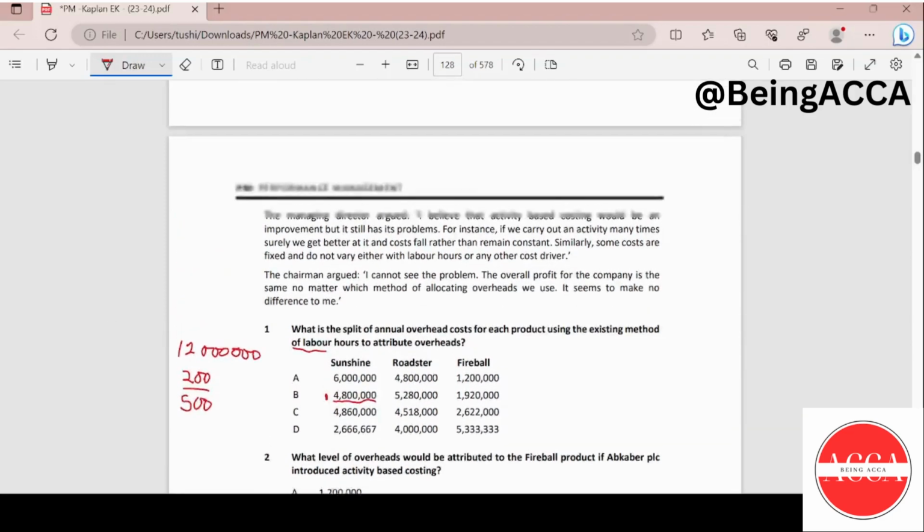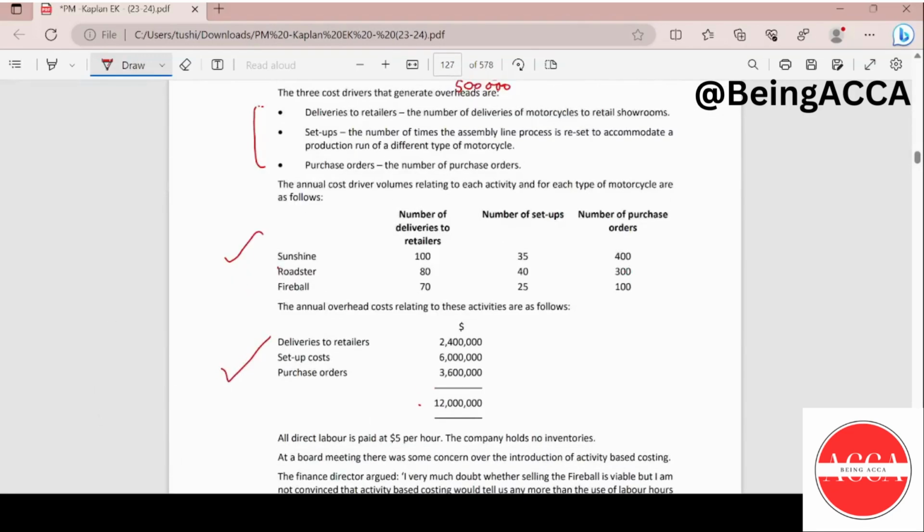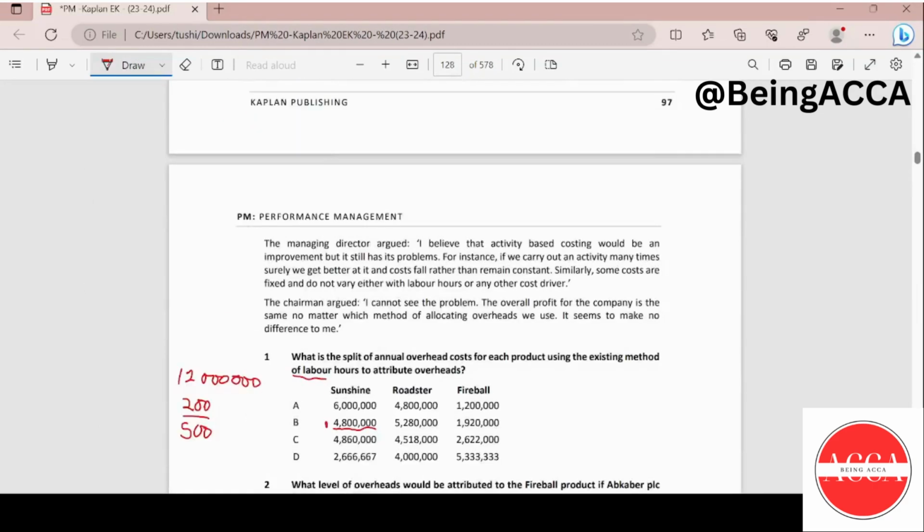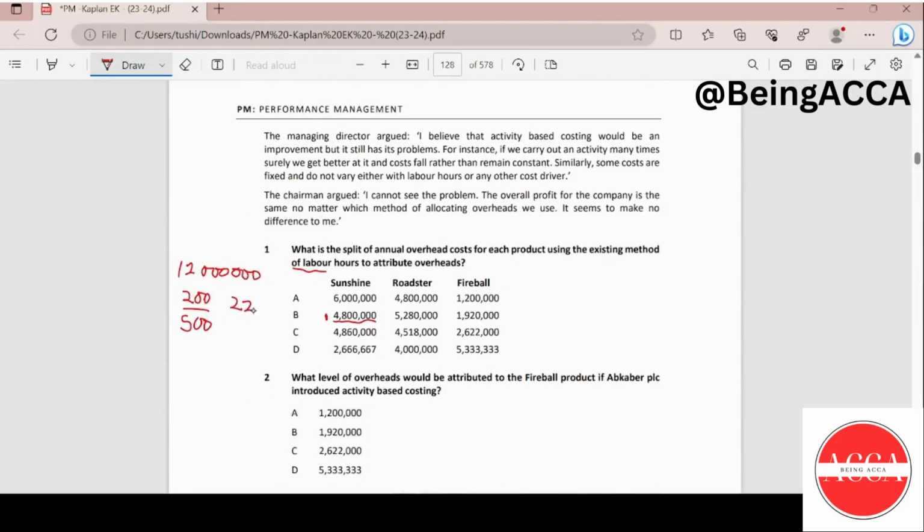Then let's take the other one. The second product is Roadster, which is 220. So 220 by 500 multiplied by 12 million, I will get my answer as 5,280, which is exactly this figure.